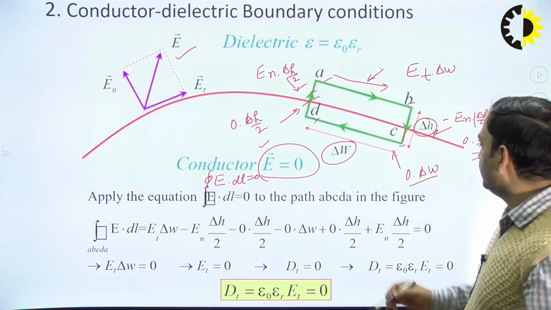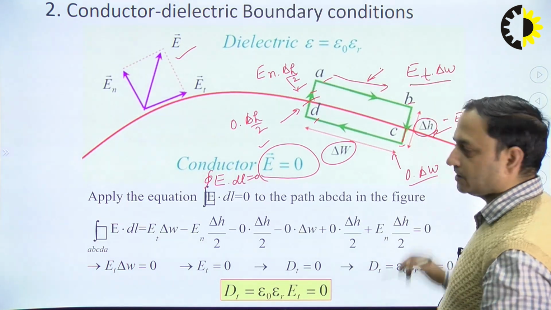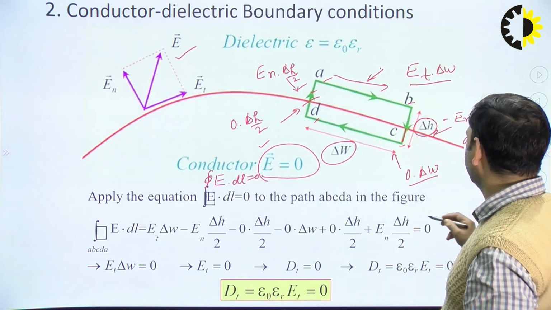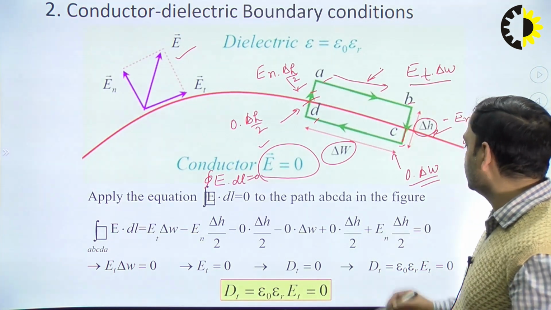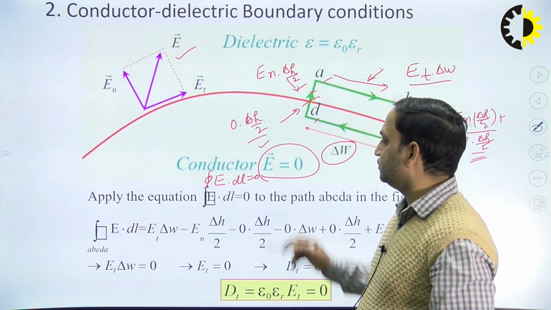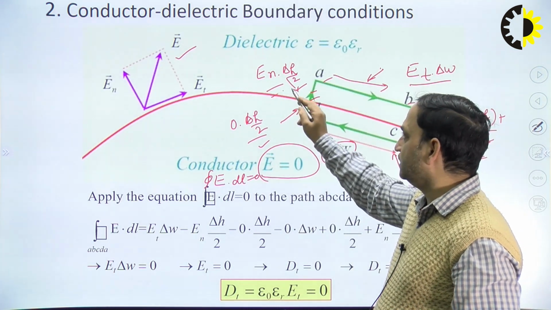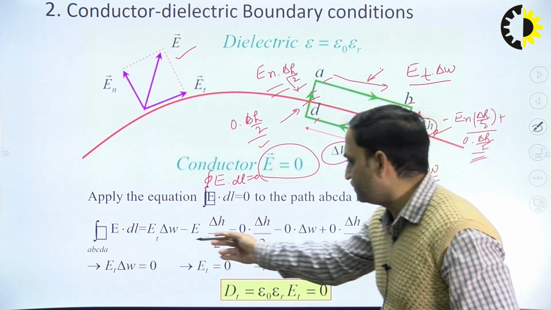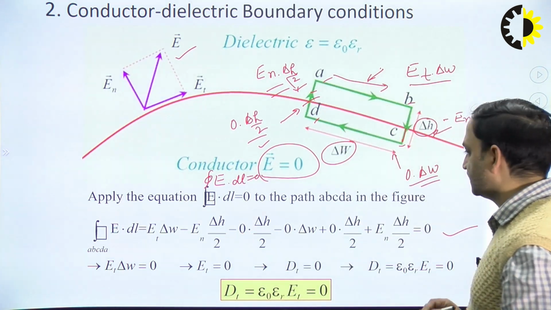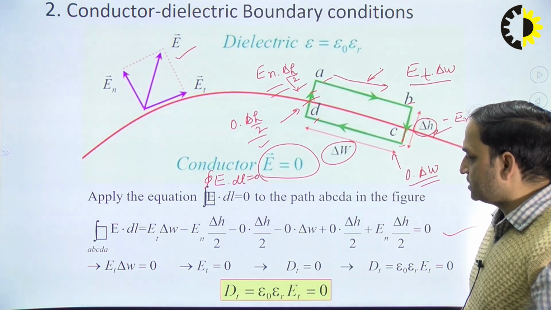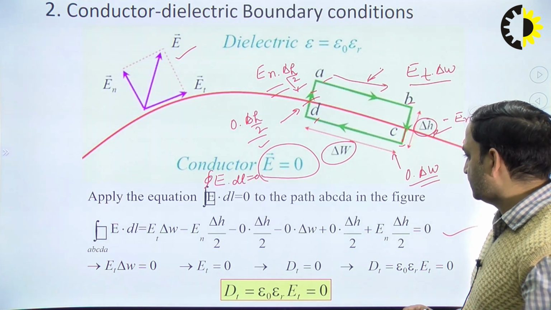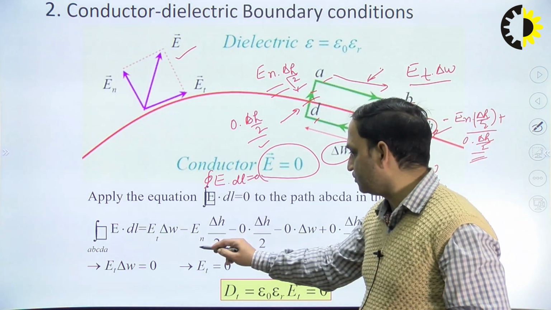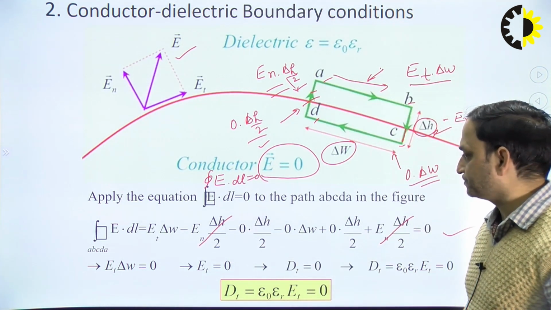So when you add all these things, Et into delta W, En into delta H by 2, 0 into delta H by 2, 0 into delta W, 0 into delta H by 2, and then En into delta H by 2, the equation looks like this. Adding all these, we can easily see that the En delta H by 2 terms will cancel out.